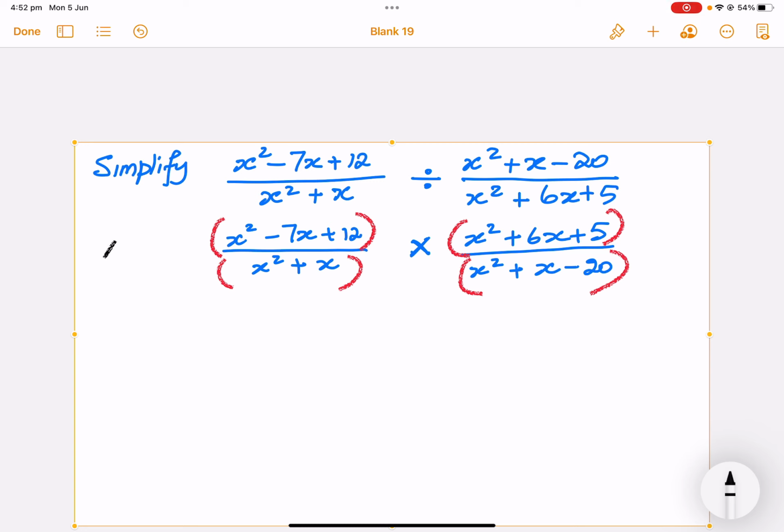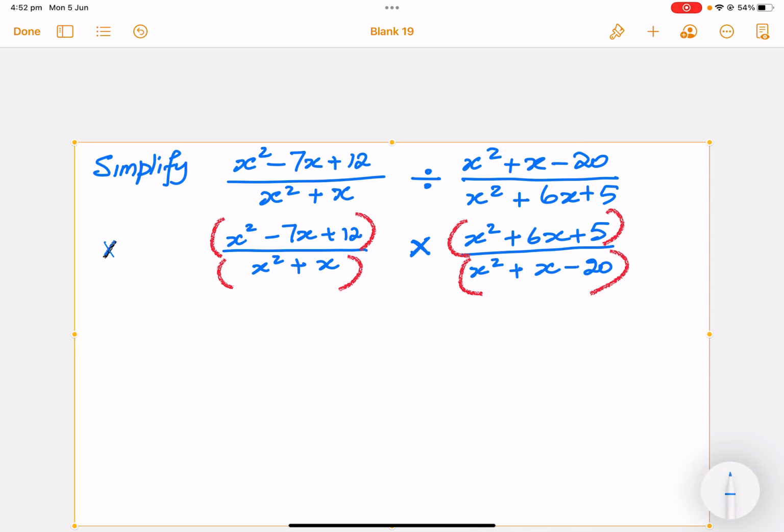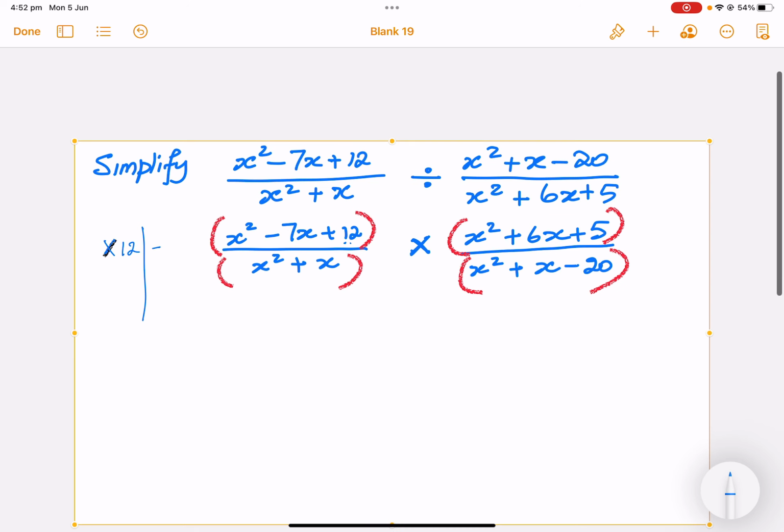First I want to find two numbers that multiply to equal 12 and add to equal -7, the middle term. What two numbers multiply to give 12 and add to give -7? Well, -4 times -3 is positive 12. -4 plus -3 is -7. So the two numbers we're looking for are -4 and -3.